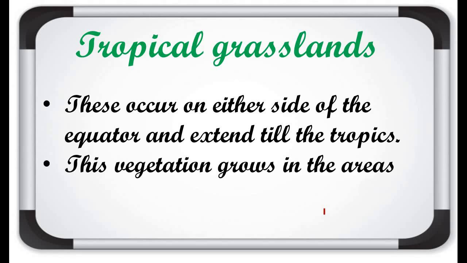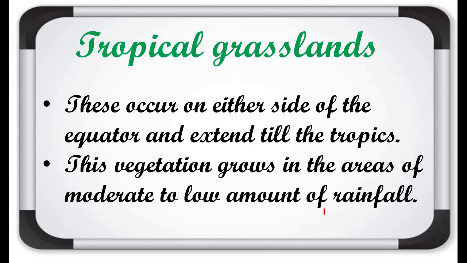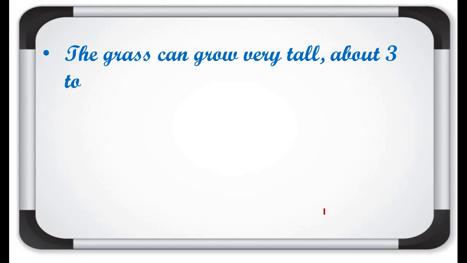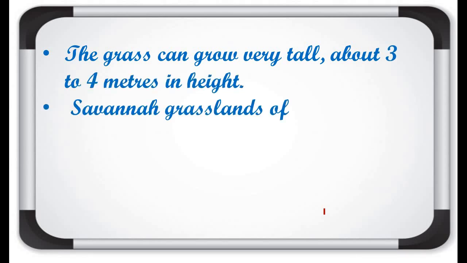Vegetation grows in moderate to low amounts of rainfall, and the grass can grow very tall, about 3 to 4 meters in height. An example of this is the savanna grassland of Africa.